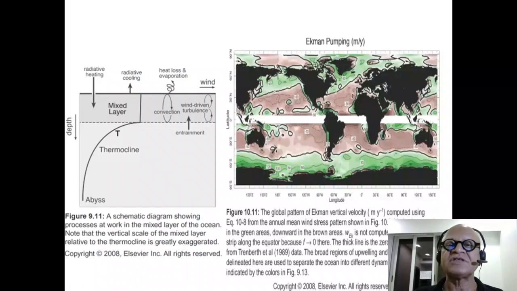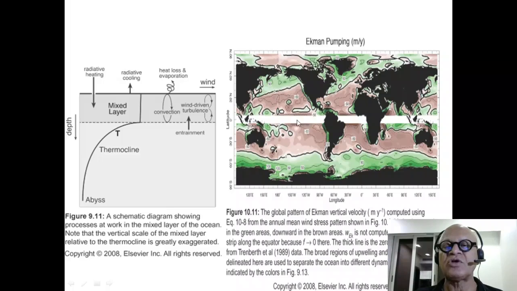Just to remind ourselves again, the mixed layer physics remains very critical, especially at low latitudes, and then we have the Ekman pumping happening. So the heat balance cannot be done without this entrainment term, which is related to Ekman pumping.